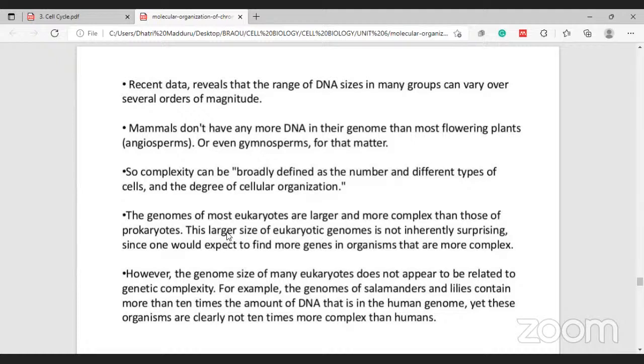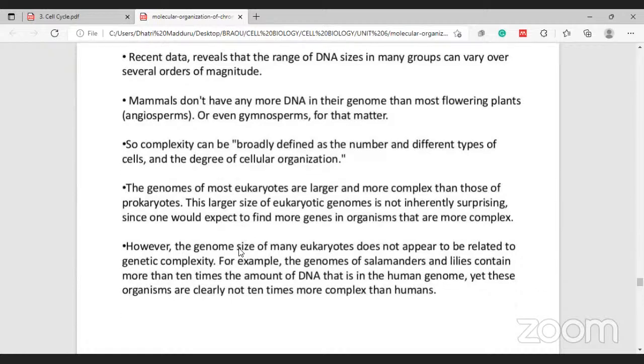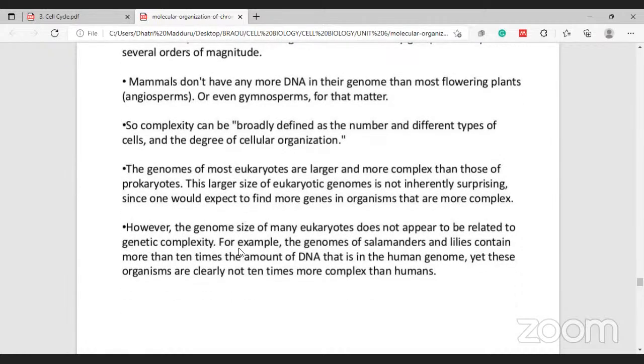And the genomes of most eukaryotes are larger and more complex than those of prokaryotes, but the number of genes is almost similar. Till sequencing, the scientists couldn't find this fact. However, the genome size of many eukaryotes does not appear to be related to genetic complexity.